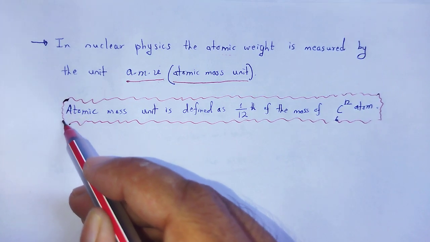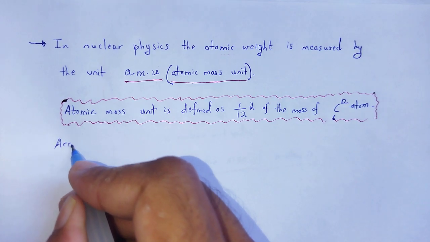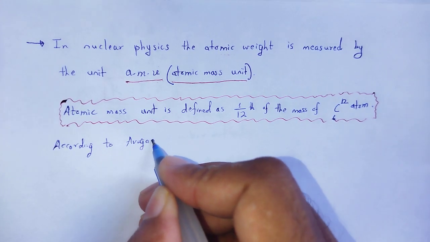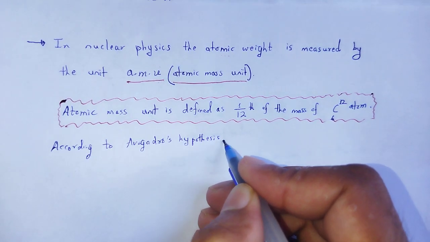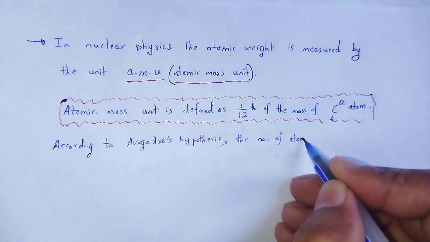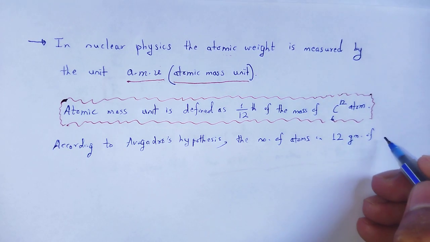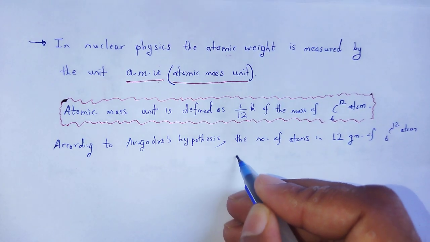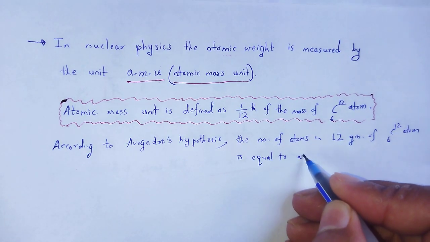So what is the value of that AMU in terms of kg? According to Avogadro's hypothesis, the number of atoms in 12 gram of 6 carbon 12 atom is equal to Avogadro's number.